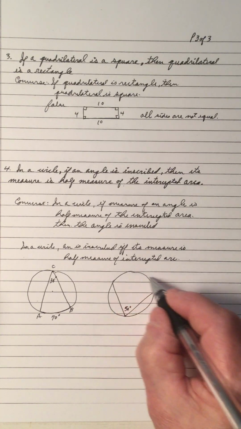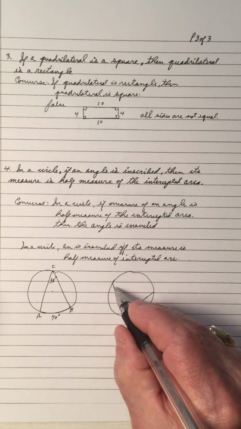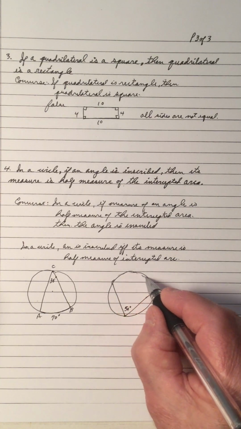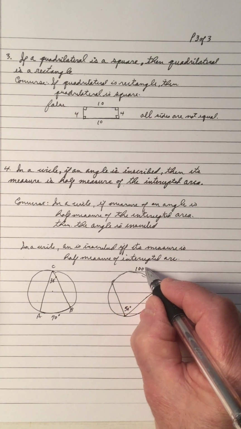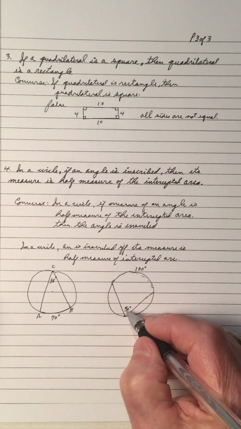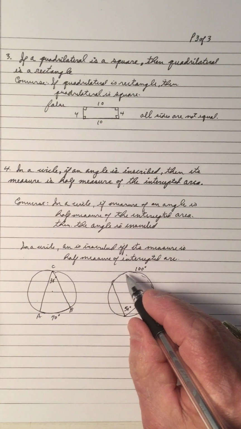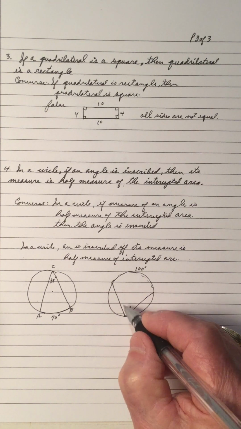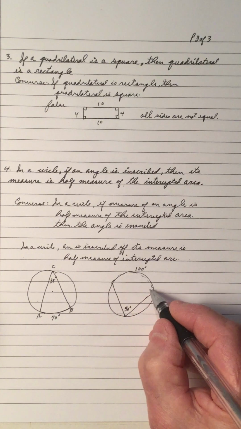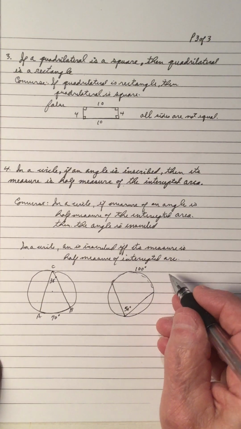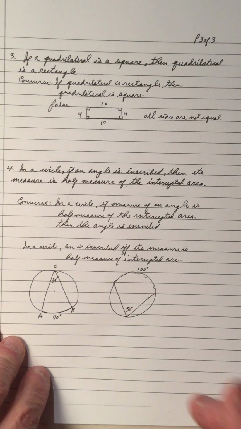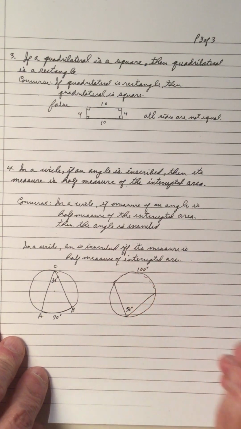That means that this inscribed angle, made of two chords with a common vertex, that means that this arc right here will be 100. So if the inscribed angle is half the intercepted arc, then if this is an inscribed angle, then it'll be half of its intercepted arc. That's the reverse. So the statement and its converse is true, so we can write it in the if and then form.